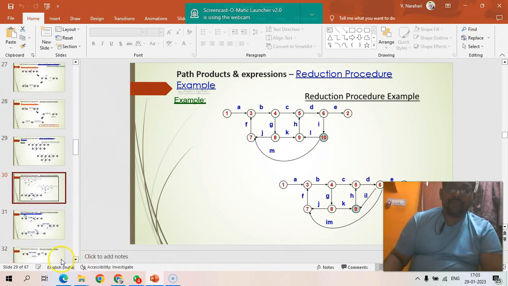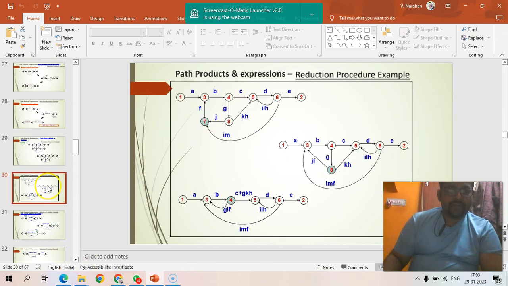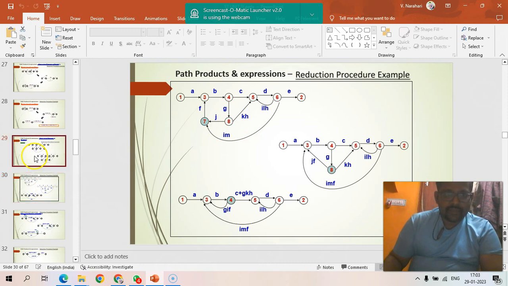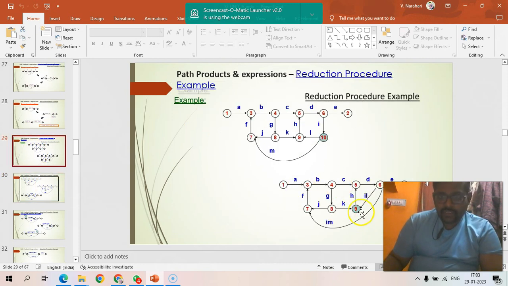Next, again I am selecting node 9. Here, node 9: from 6 to 9, 9 to 5. And if I remove this node, see here, 8 to 9, 9 to 5.